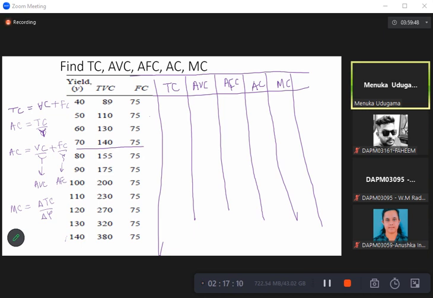Then there's another part which does not vary with the output, right? The fixed costs are there. So that fixed cost does not vary with the output. However, in the short run, the total cost is made up of variable cost and the fixed cost. So for the first one, what would be the total cost?